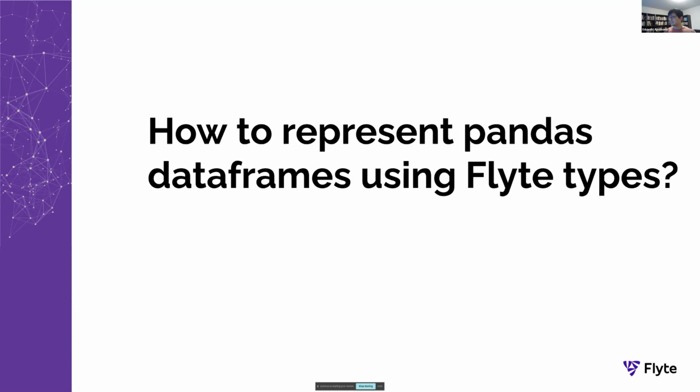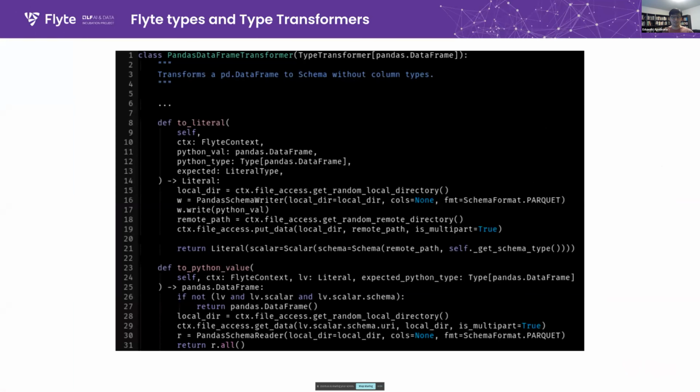So again, look at the question: how do we even represent data frames in the Flyte type system? Don't get too scared. This is just a bit of code that will show why, in the case of data frames, the caching really can't be by value by default.